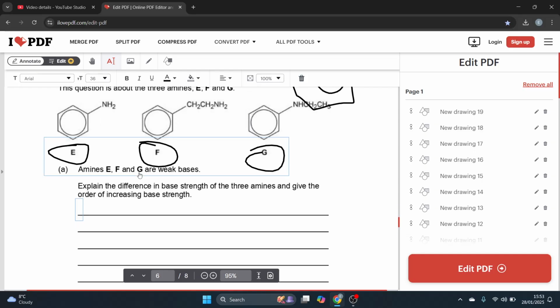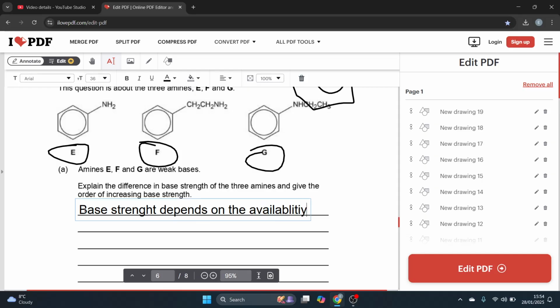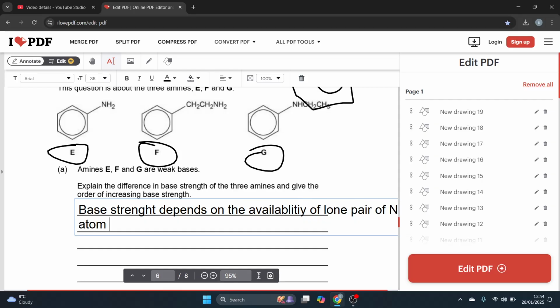Well, if I look at E, the nitrogen is next to the ring. Okay, I understand what I'm going to have to do now. First things first, base strength depends on the availability of the lone pair on nitrogen atom.